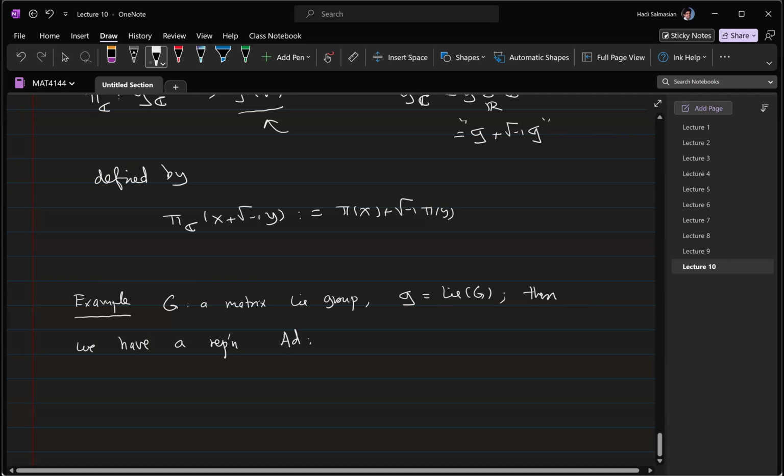Last time I called it an adjoint representation, maybe I called it adjoint homomorphism, I forget. But we hadn't defined representations before.